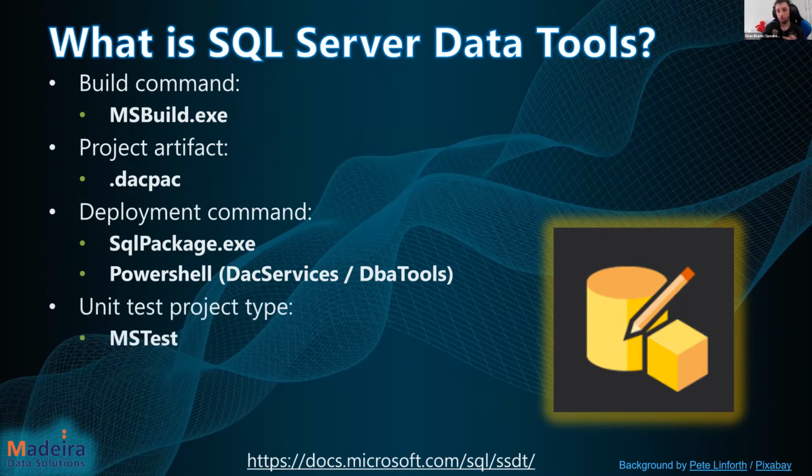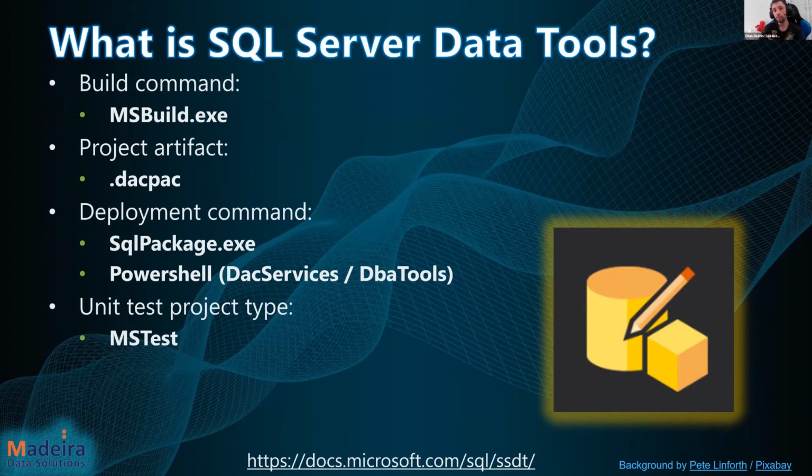The unit test project type for SQL Server databases is the standard MS test. I mean, behind the scenes, it is actually the standard MS test project type for Visual Studio. It is nothing new. It's not a separate project type of its own. It has a sort of wrapper in order to make it easier for DBAs to develop these unit tests.